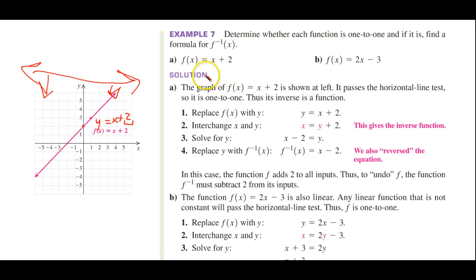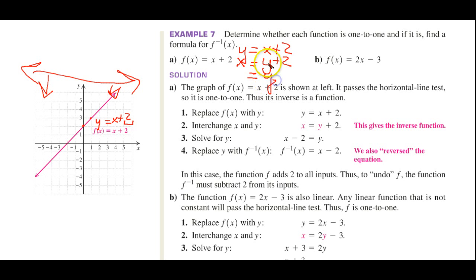Now, what is the new equation of f inverse? All right, it's really easy to follow. So y equals x plus 2. Now they say what we do is we reverse the letters. This x goes over here, and the y then goes over here. Now the next step is solve for y.